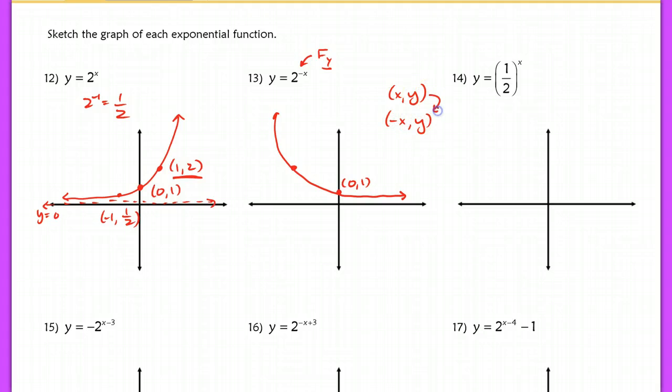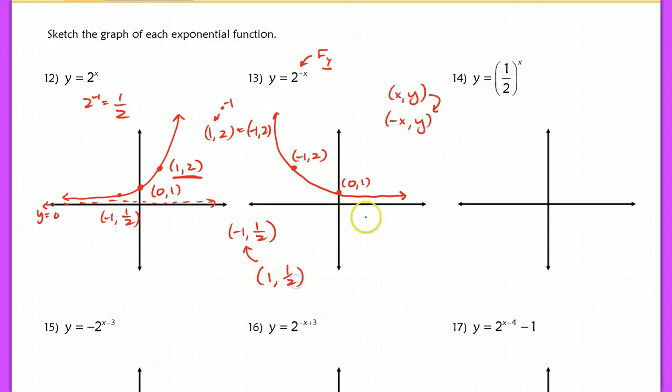So x, y becomes negative x, y when you flip it over the y-axis. So this coordinate, 1, 2, after you multiply the x value by negative 1, becomes negative 1, 2. And the point negative 1, 1/2, when you multiply that x value by negative 1, now becomes 1, 1/2. We still have a horizontal asymptote at y equals 0.